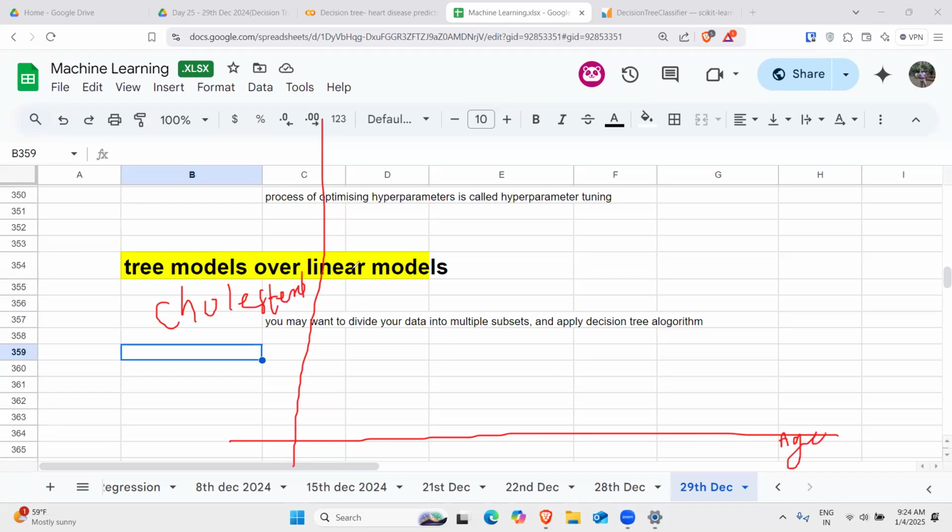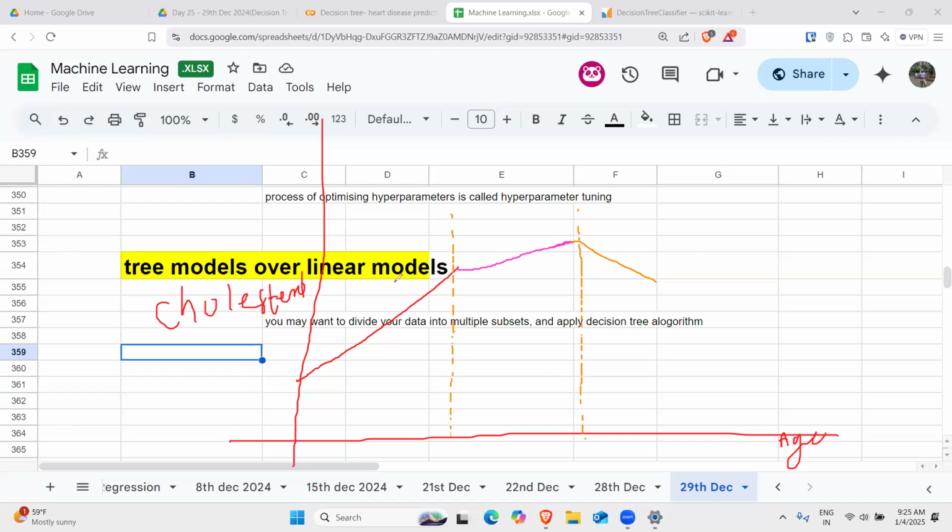Let's say you have different lines: this is segment one, segment two, and segment three. We are dividing our data into three parts because the behavior of the data is like this. It has non-linearity. It is not linear.